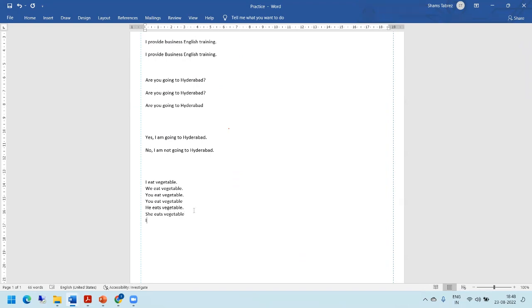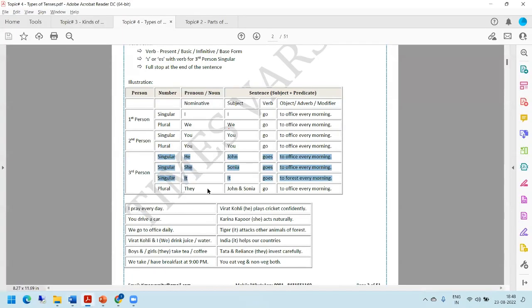Then it eats vegetable, because this is also third person singular. And then they eat vegetable. Because with third person plural, no s or es is added. So s or es is added to the verb with third person singular.